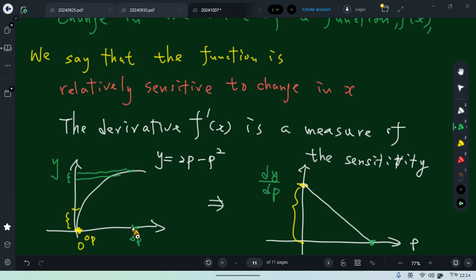Based on this, you can know its sensitivity. So no worry, this part I just want to talk to you about: we can use the derivative to measure the function's sensitivity. So it's also an application of derivative.